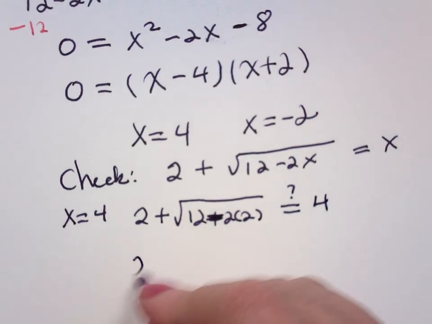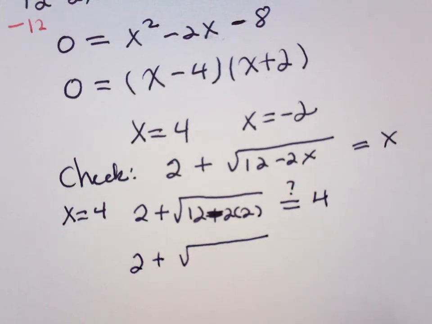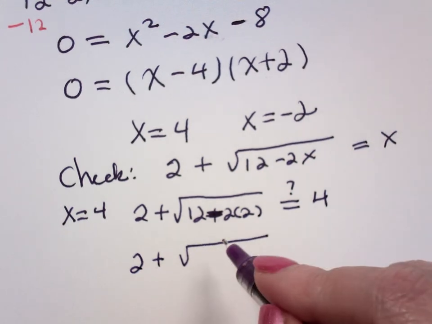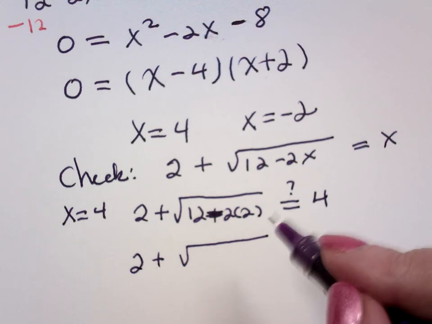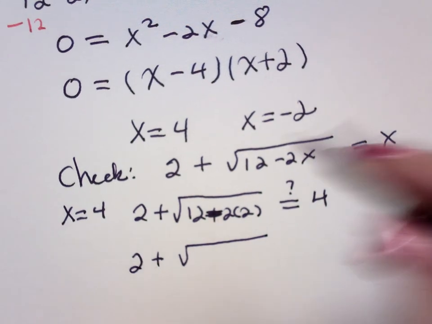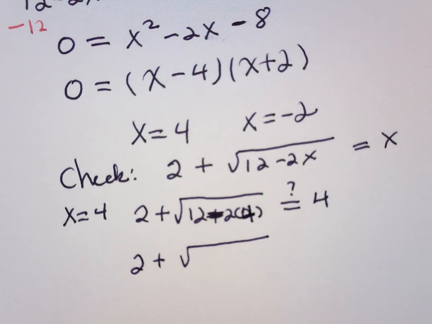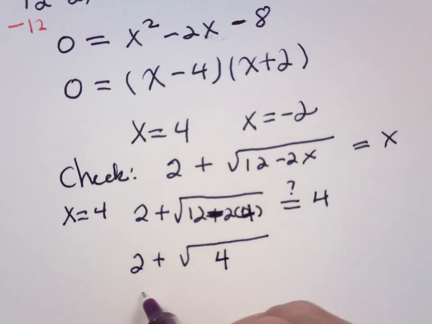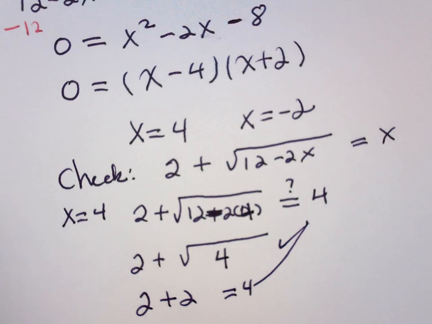Well, this is 2 plus the square root of 12 minus 8. Oh, 12 minus 8 is 4. There's my 4, which is 2 plus 2. Well, 2 plus 2 is 4, and it checks. Yippee!